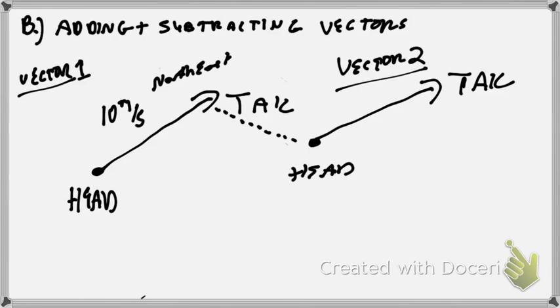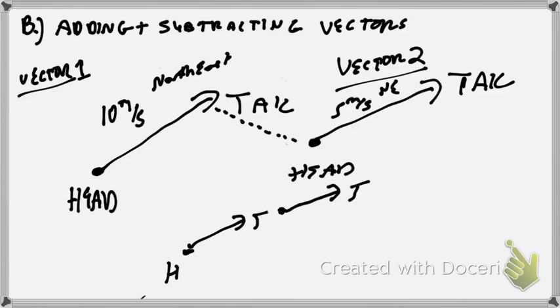So, in this example, if you were to add these two, and let's say this is 5 meters per second northeast as well, you would place vector 1 head to tail with vector 2.